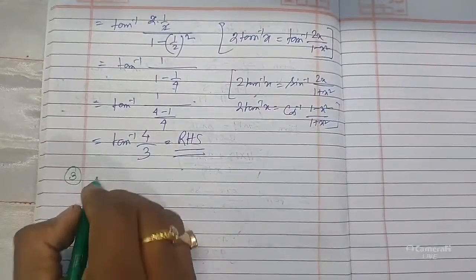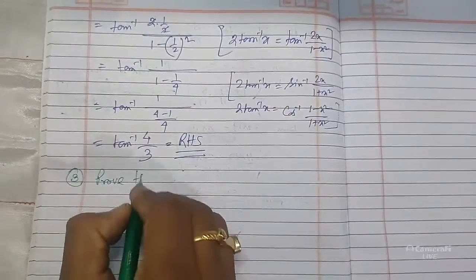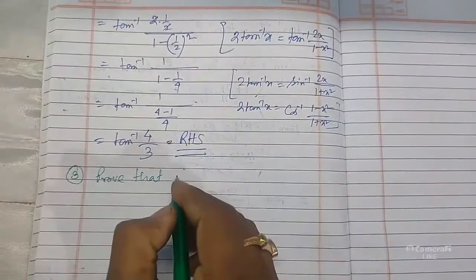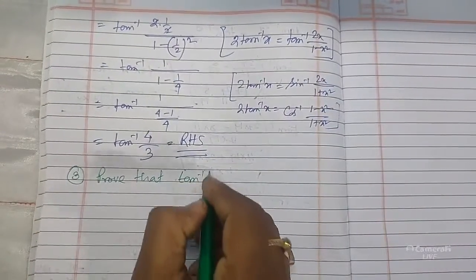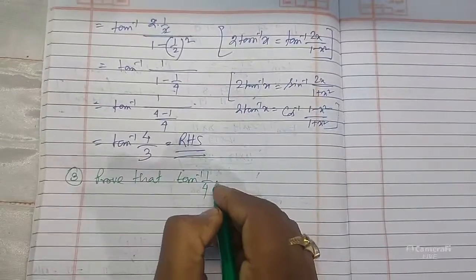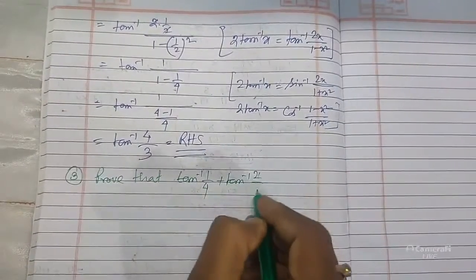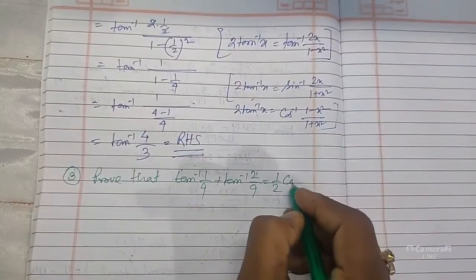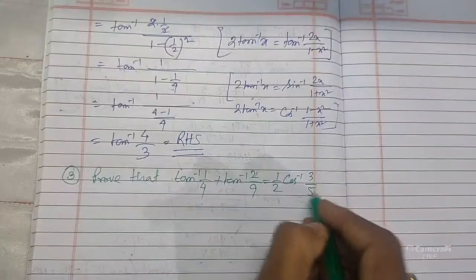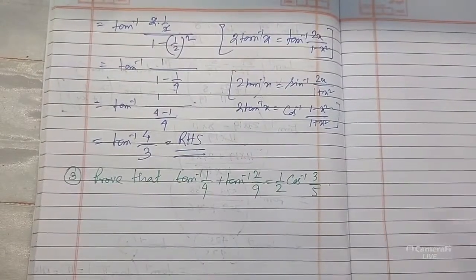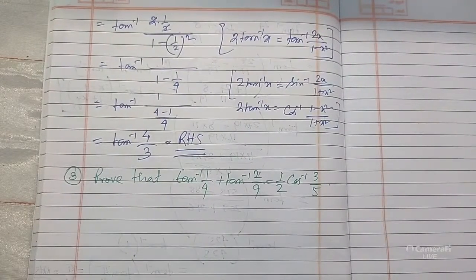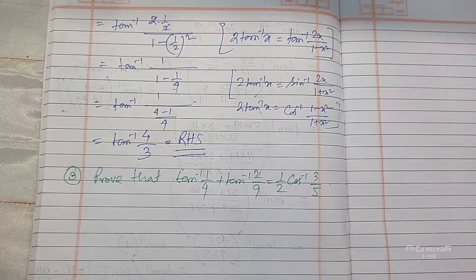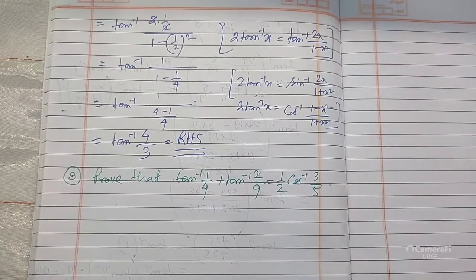Question number 3. Prove that tan inverse 1 by 4 plus tan inverse 2 by 9 is equal to half cos inverse 3 by 5. Now check here, in the LHS it is in the form of tan inverse, but in the RHS we have cos inverse.